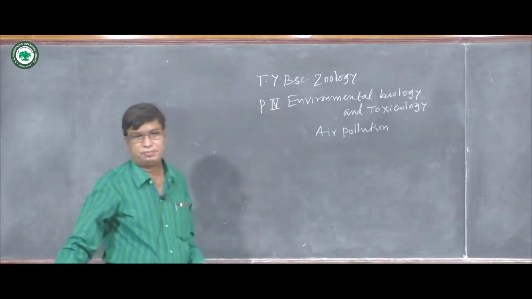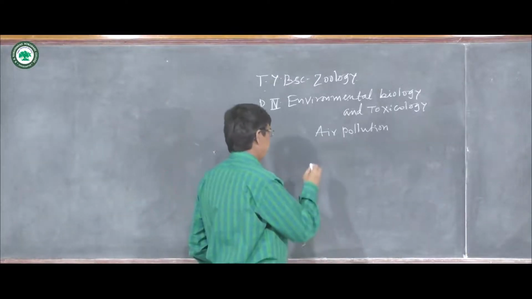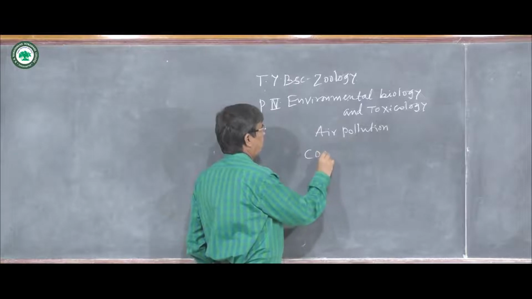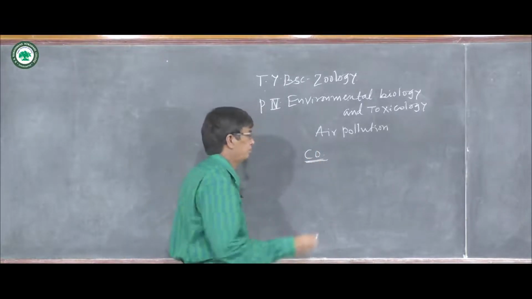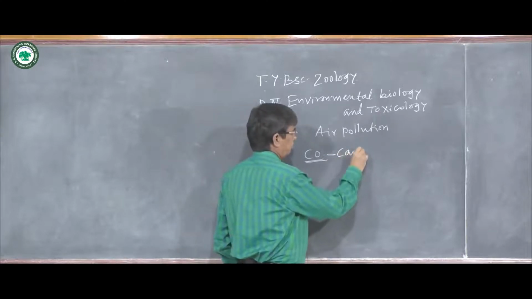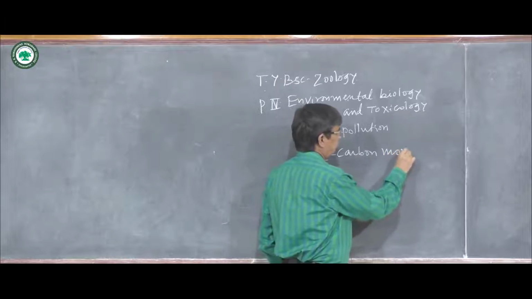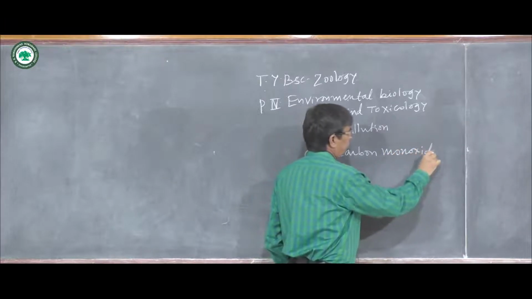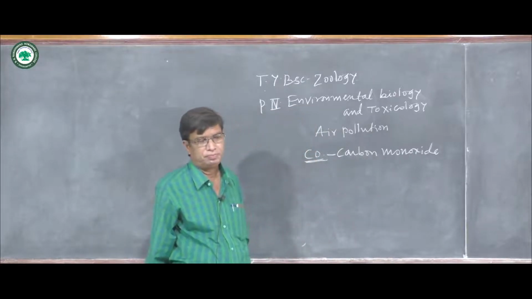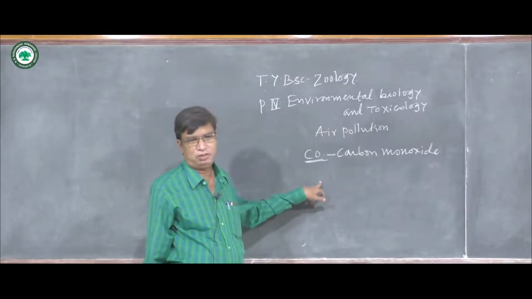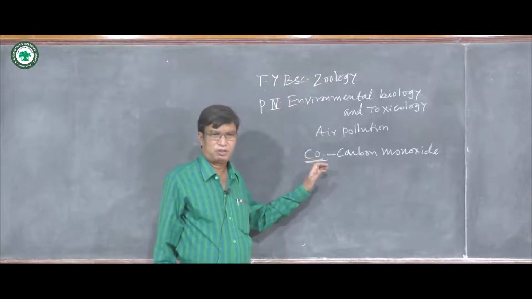For example, oxides of carbon, carbon monoxide, it is mainly produced by several industries and petroleum products.